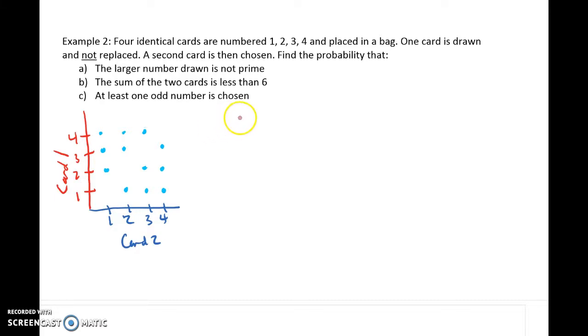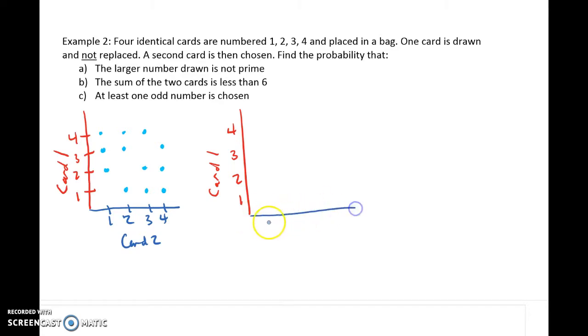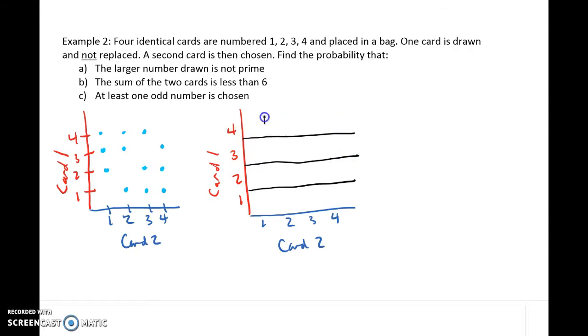So if I have my table with card 1, with possibilities 1, 2, 3, and 4, and card 2, with possibilities 1, 2, 3, and 4, you should once again see we would have a blank diagonal as we go up. Because using a little logic, if I don't replace, the card is completely gone from the problem.